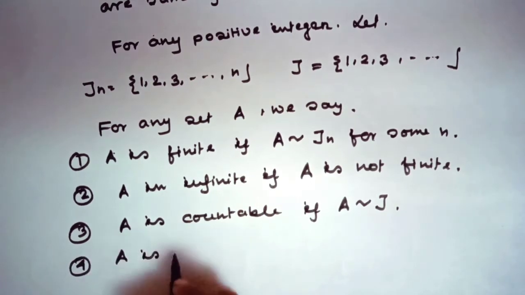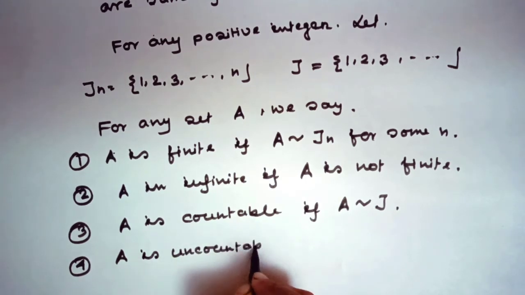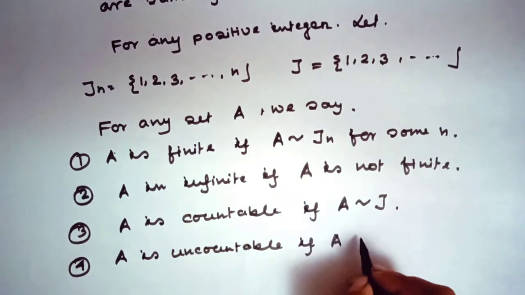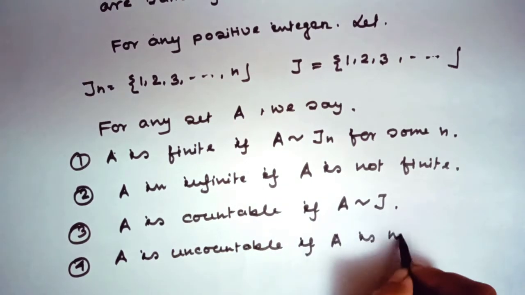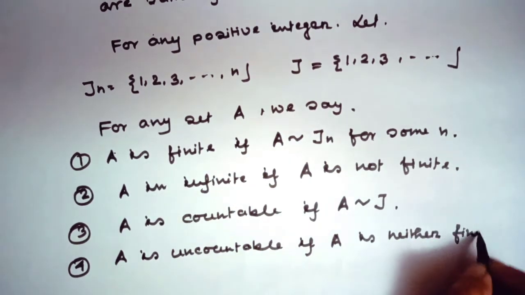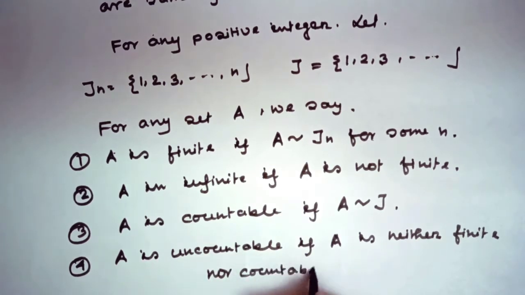A is uncountable if A is neither finite nor countable. Okay.